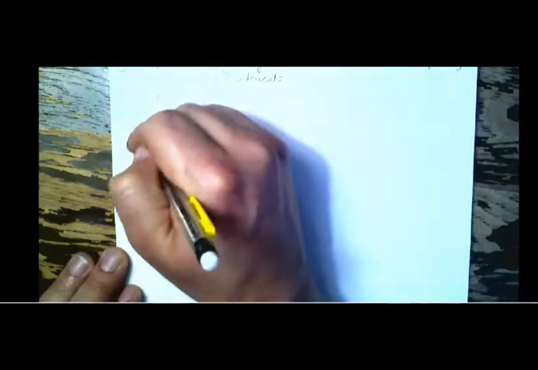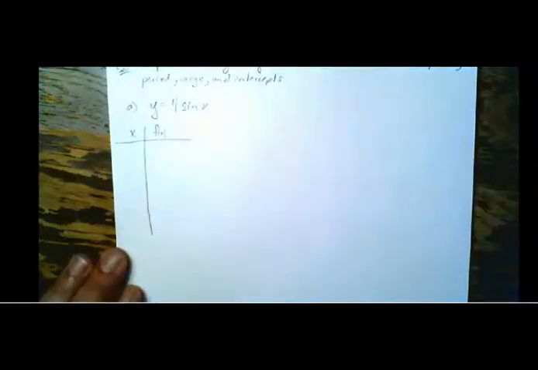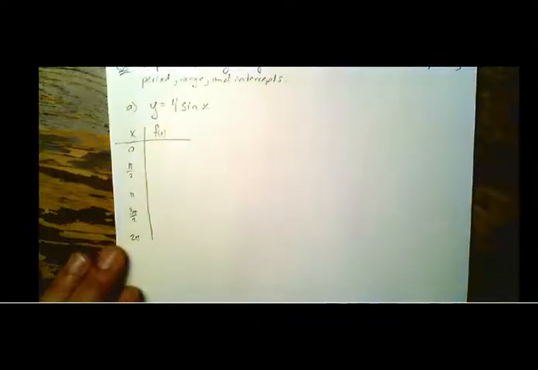So let's regenerate the table of values for the sine function. So x and f of x here for our sine function. Remember, we go 0 to 2 pi, count by pi over 2's. So we'll start at 0, pi over 2, pi, 3 pi over 2, and 2 pi.